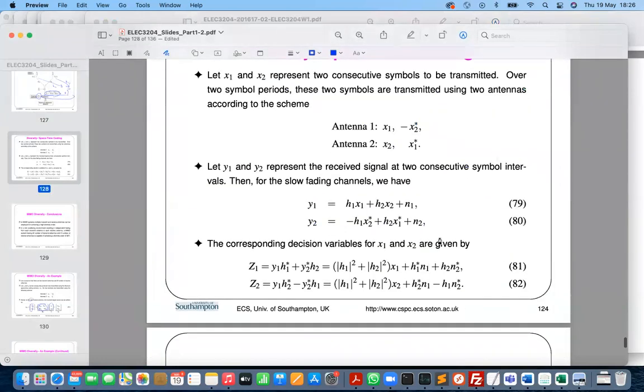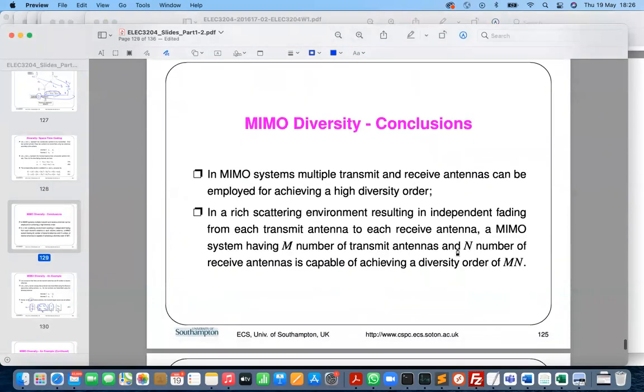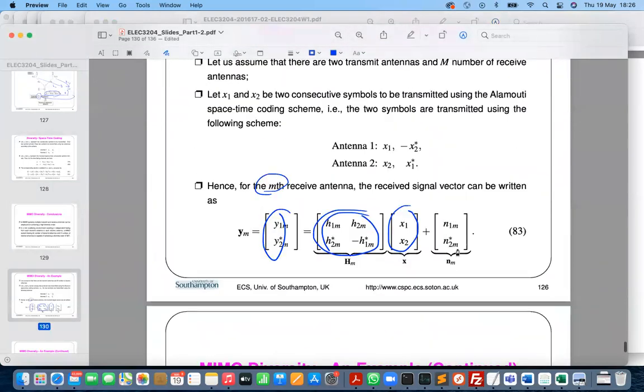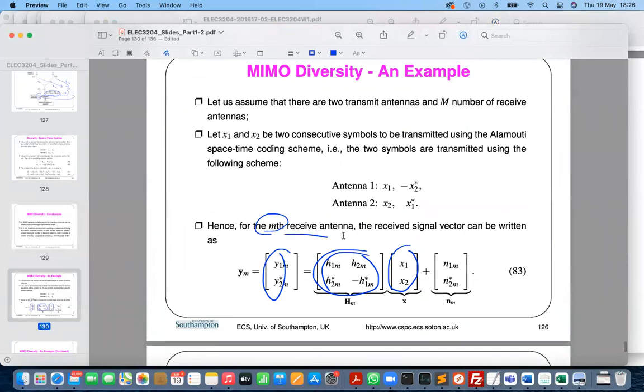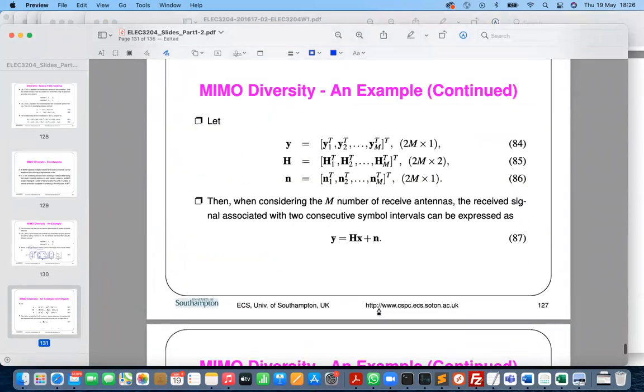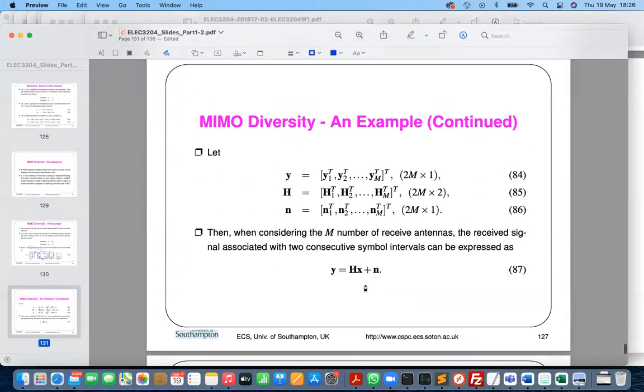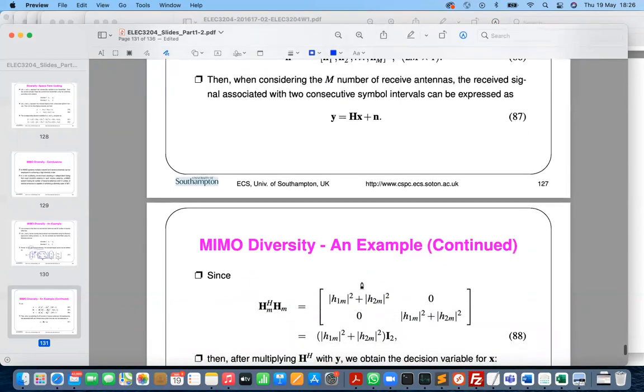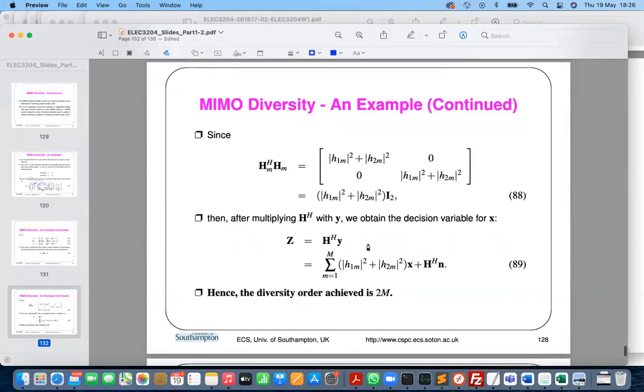You follow these steps for one antenna, and then now you have multiple receive antennas, you stack them together. And then in the end, what you get is something like this. So in the end, the diversity order is 2M. So 2 transmit antennas and M receive antennas.